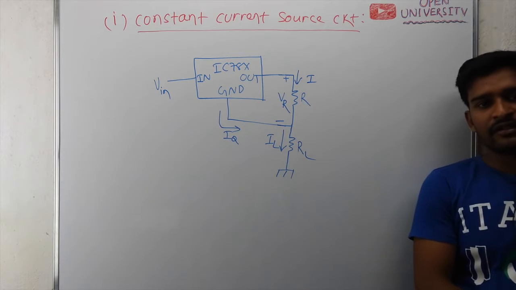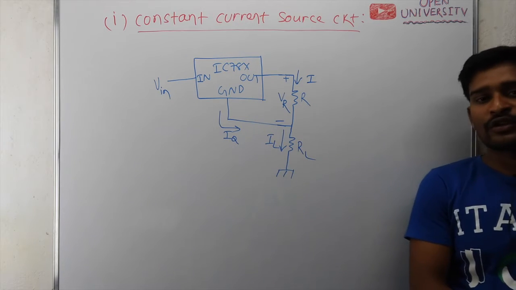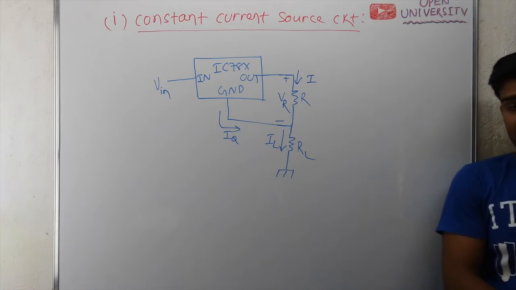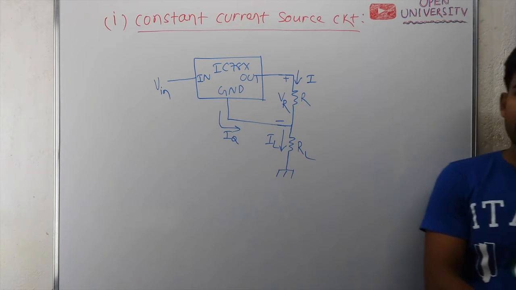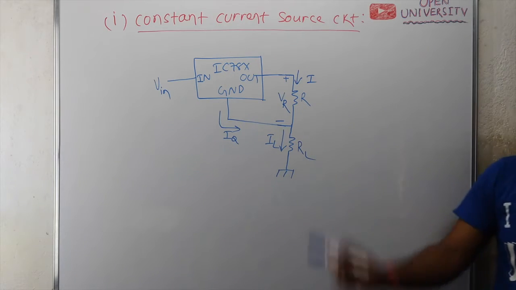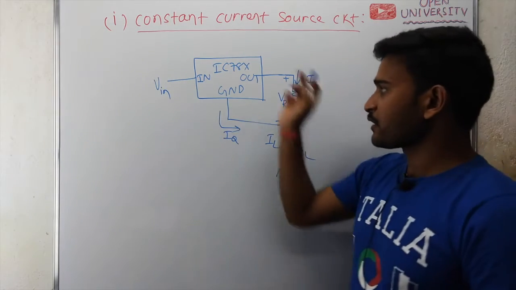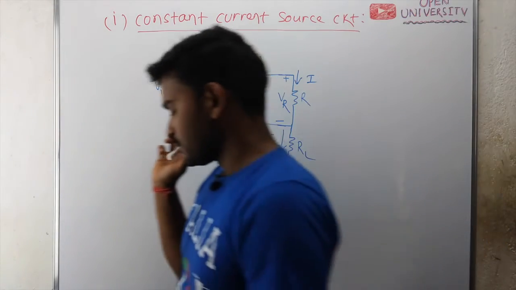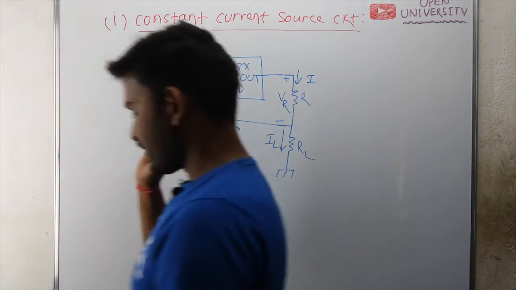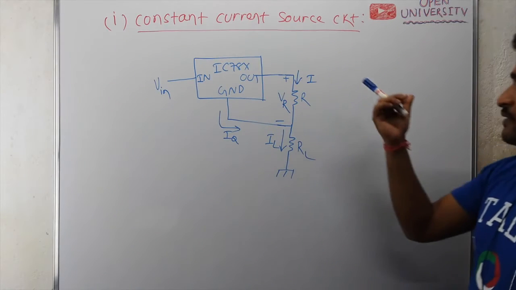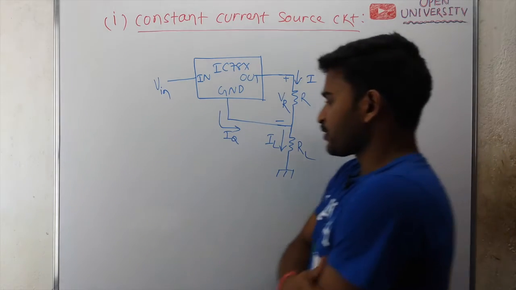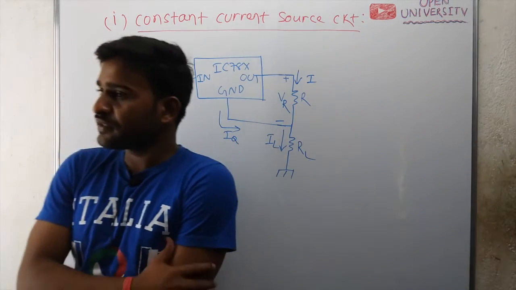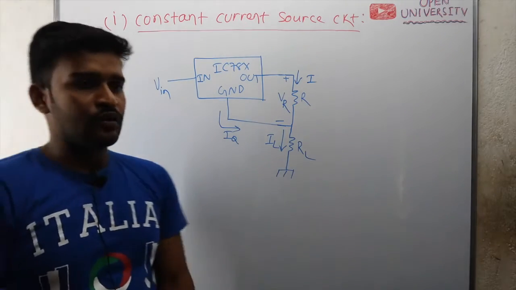What is a current regulator? It can provide constant output current to the load. So if someone asks what is a current regulator, you can give this example, a constant current source circuit which provides constant current to the load.